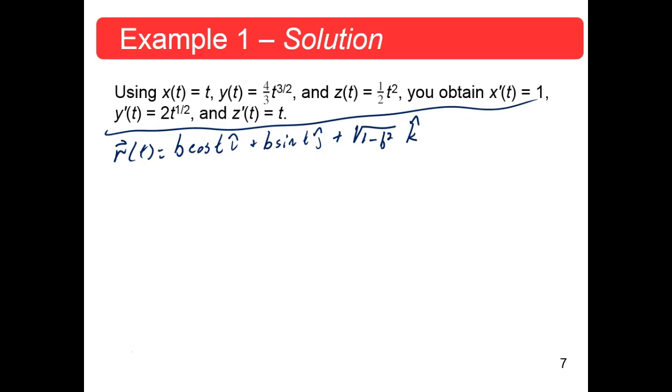So one thing you notice right off the top, b has to be between minus 1 and 1. Okay? And I would say it's a pretty good bet that you don't want b to be 0.